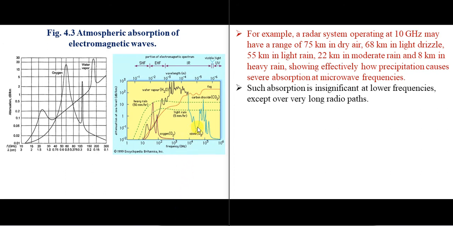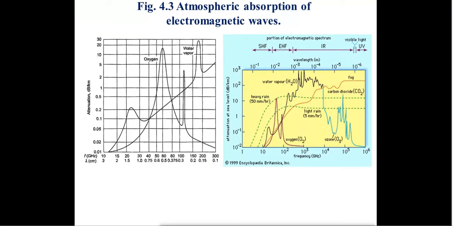So this is about atmospheric absorption of electromagnetic waves. While designing a system which is to be operated at a particular frequency, we must first study this atmospheric absorption of electromagnetic waves. We must know, during light rains, drizzles, moderate rainfall or heavy rainfall, how much the absorption rate will be.